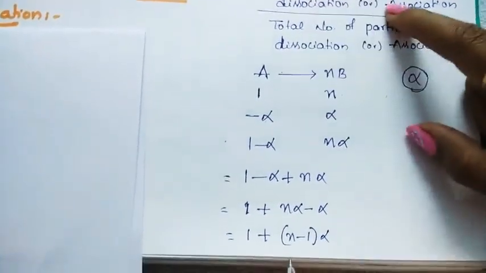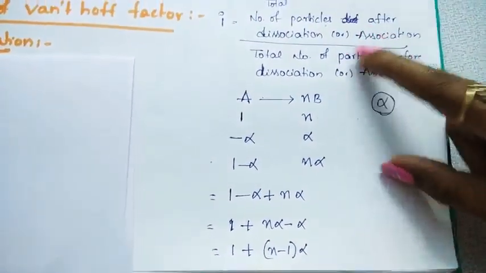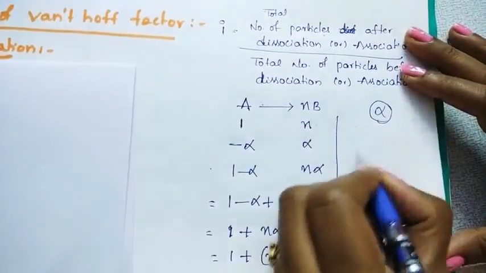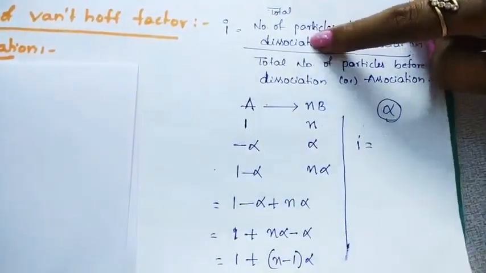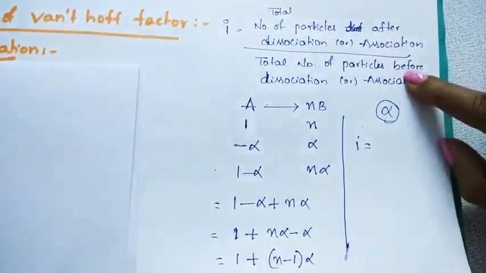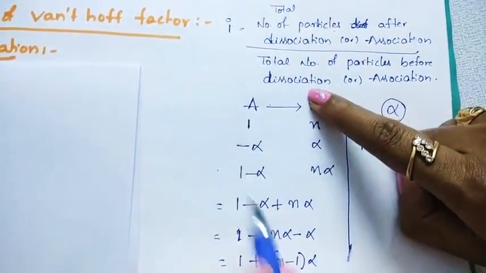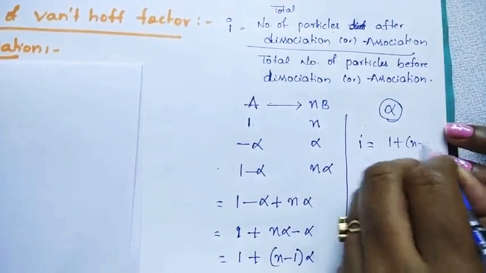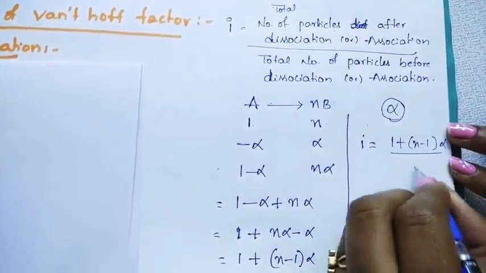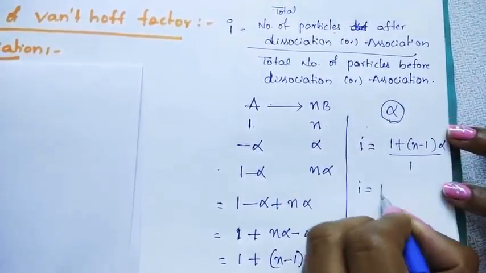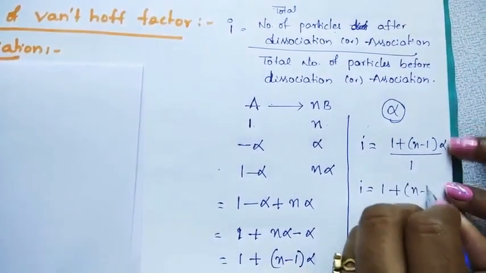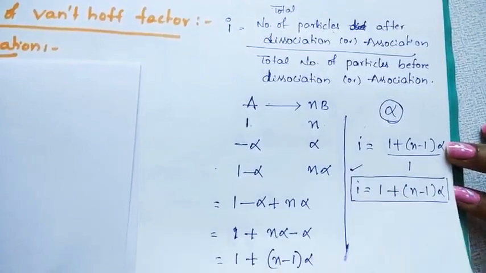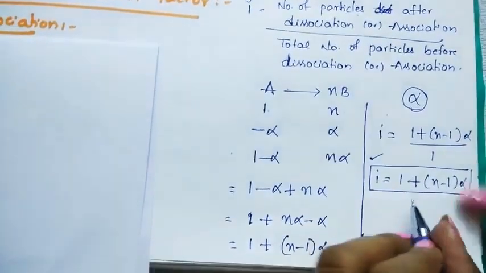This is the total number of moles or particles after dissociation. Then what we know is that i is equal to this divided by the total number of particles before dissociation. How many? 1. Then i is equal to 1 plus (n minus 1) alpha divided by 1. That is i is equal to 1 plus (n minus 1) alpha. This is the relationship if it is undergoing dissociation.